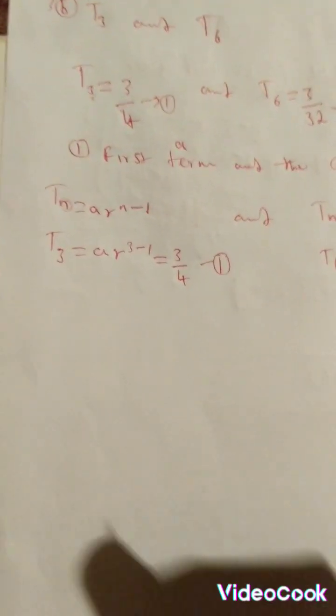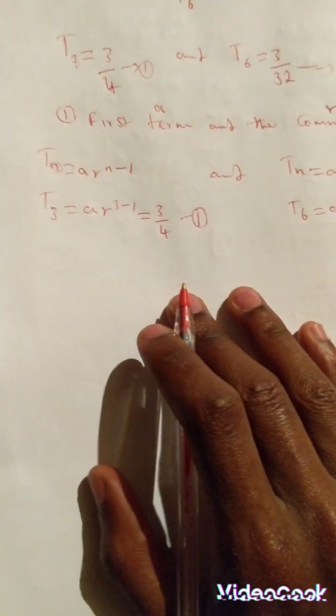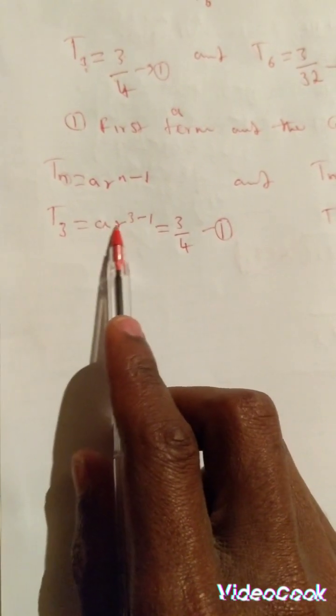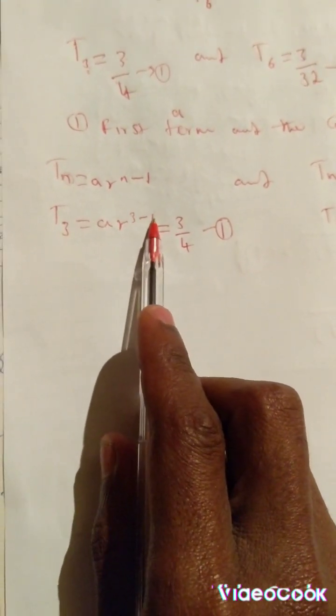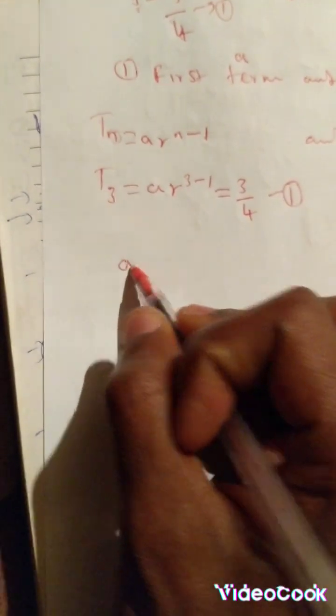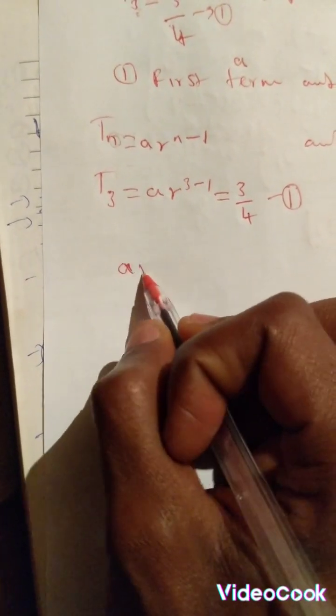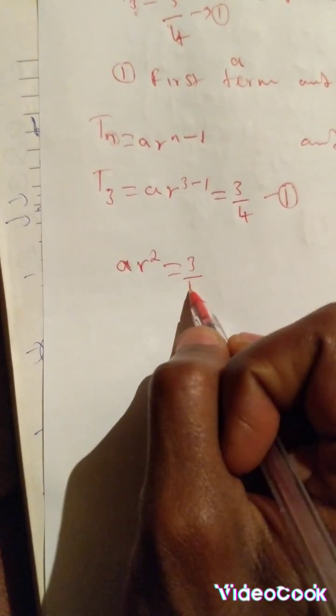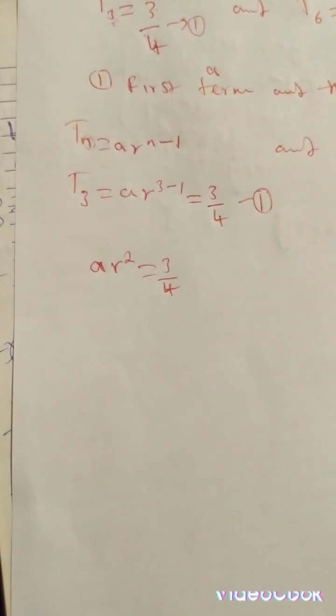So the equations will be like this before we go to simplifying. Now we need to simplify here. We say 3 minus 1, so we get first term a, common ratio r to the power 2, is equal to 3 over 4.